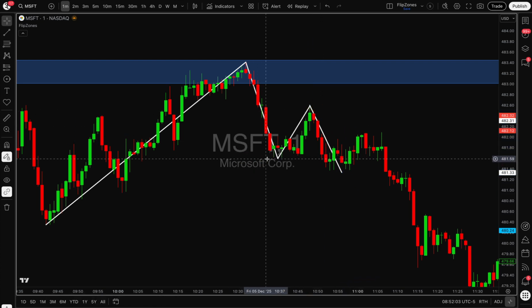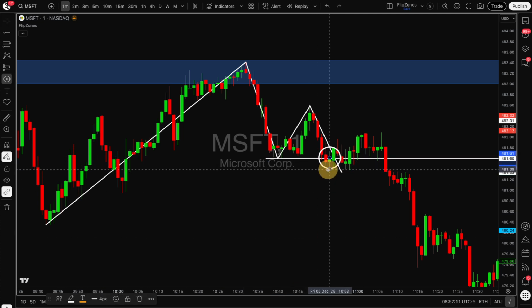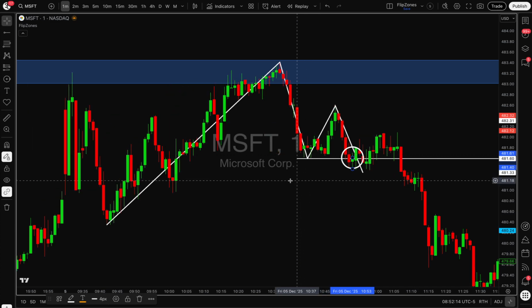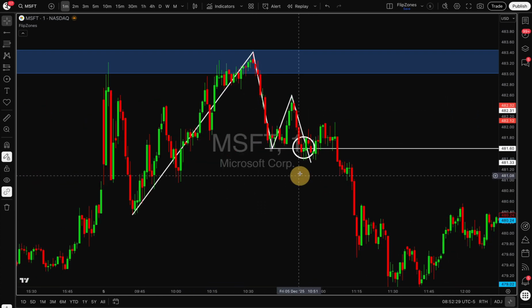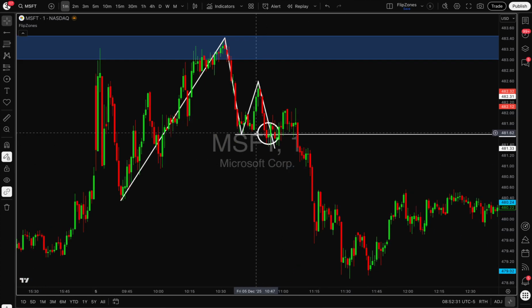So when we break below this temporary swing low here, right here, that completes the sequence of first we hit the zone, then we see a reaction, we see an attempt by the opposite party to continue in the previous direction, and then we see that attempt failing for us to take the trade lower.